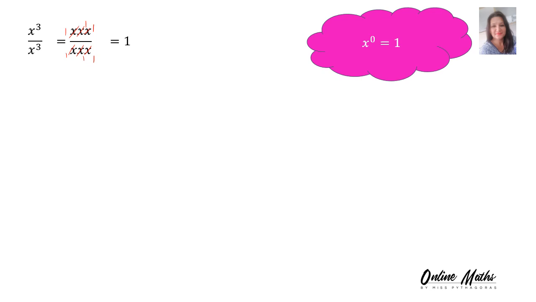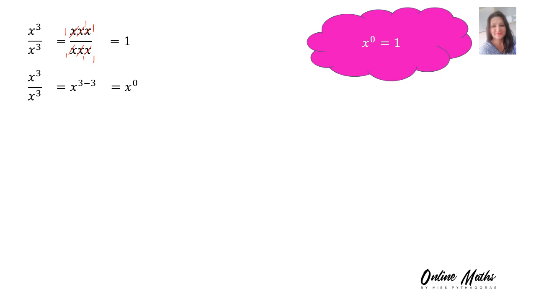But if I do this exact same sum, x to the 3 divided by x to the 3, and I use the law, when you divide, you subtract exponents, you find it's x to the 3 minus 3, which is x to the 0. And this is in fact the formal proof of why anything to the 0 is equal to 1.